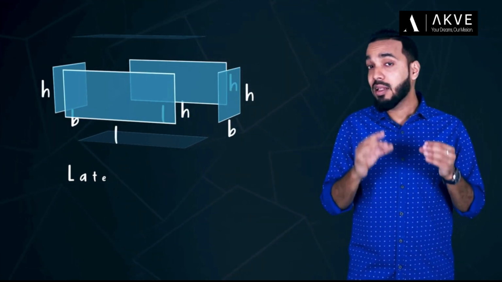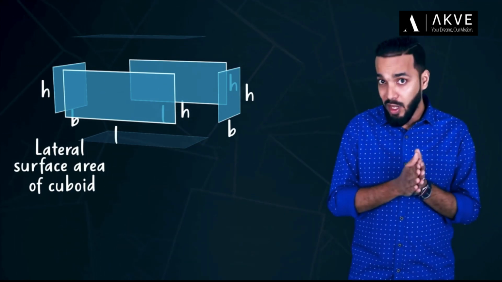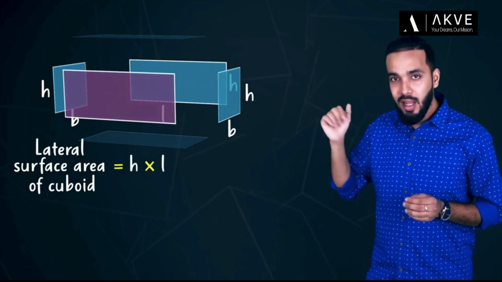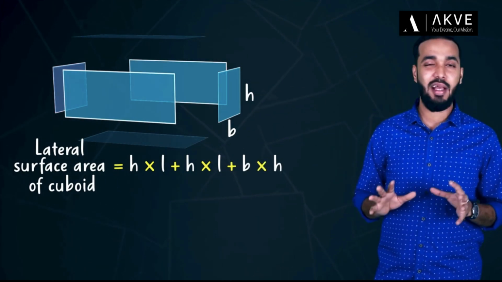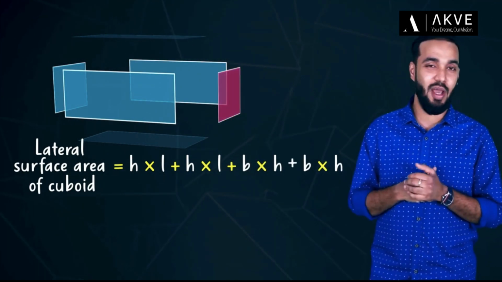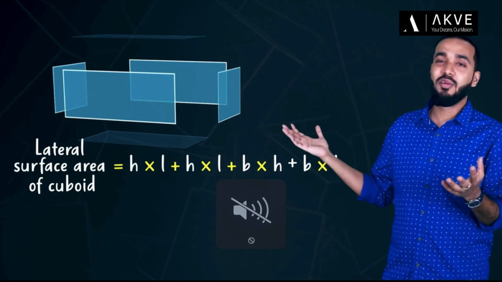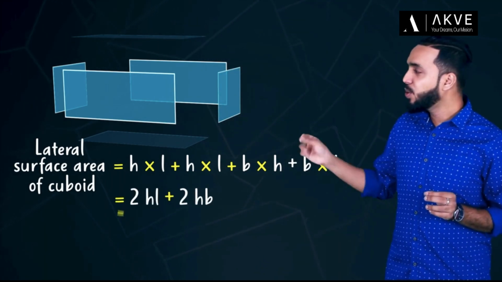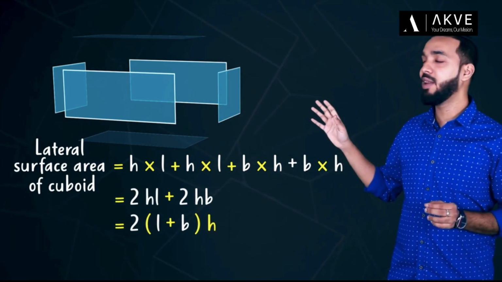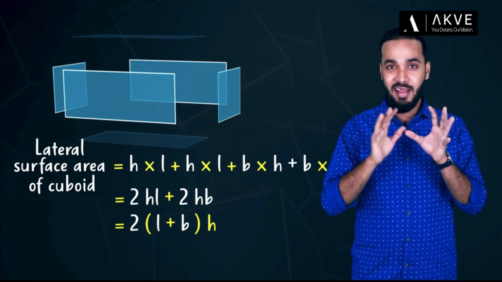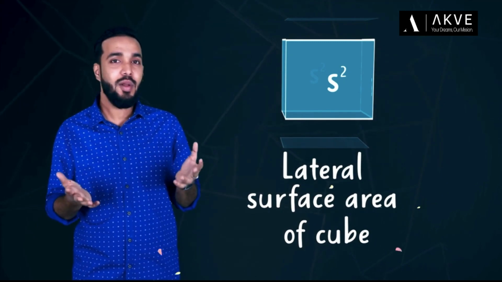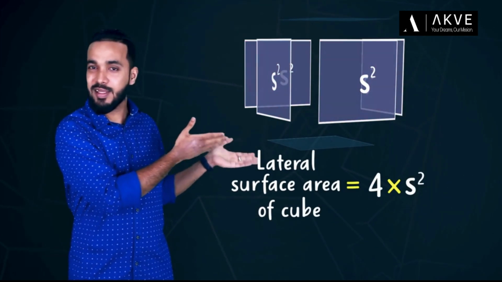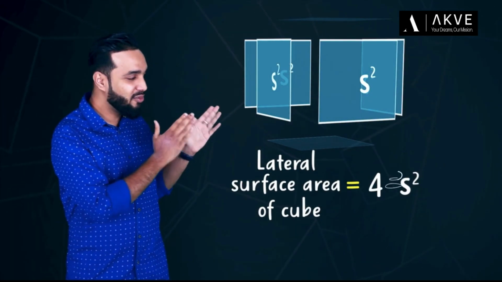So, the lateral surface area of a cuboid will be H into L plus H into L plus B into H plus B into H. So, on simplifying, we just get 2 into (L plus B) into H. Similarly, the lateral surface area of a cube will just be 4 into S squared, or simply 4S squared.